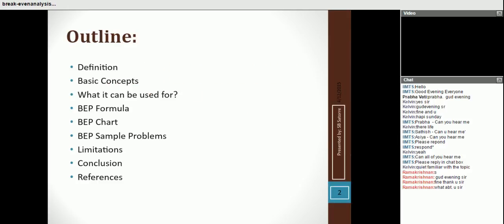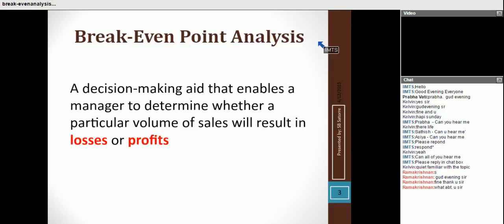So in this PPT we will discuss the definition, the basic concepts, what it can be used for, the BEP formula, the BEP chart, BEP sample problems, limitations, and then the conclusion. BEP means break-even point.